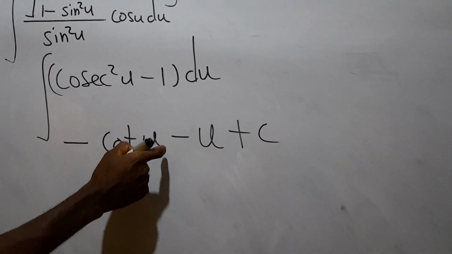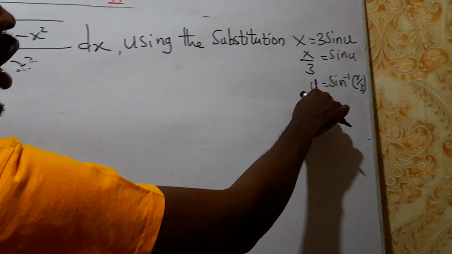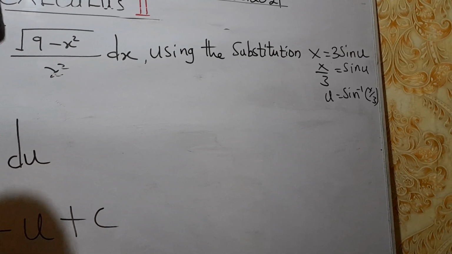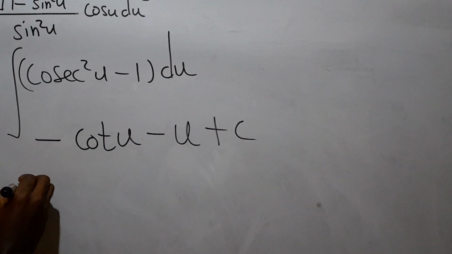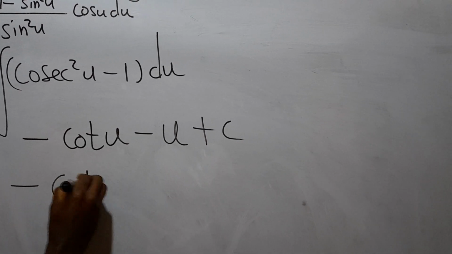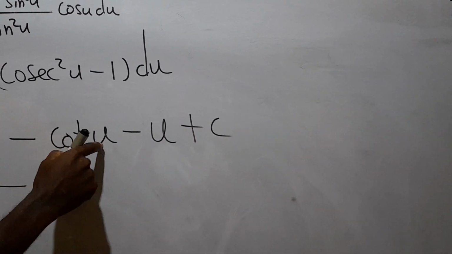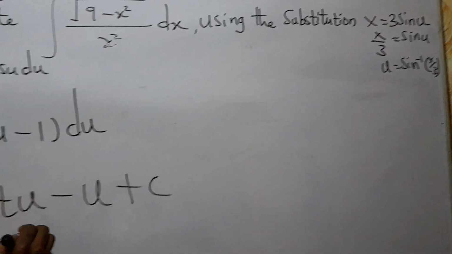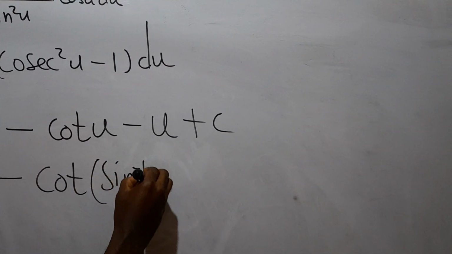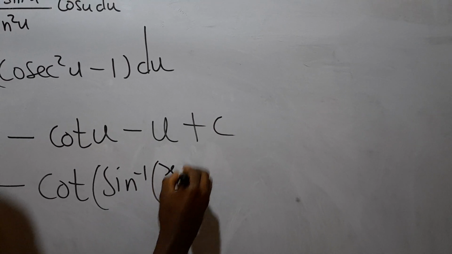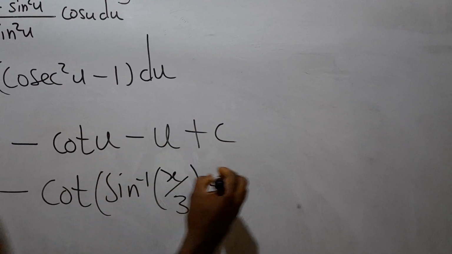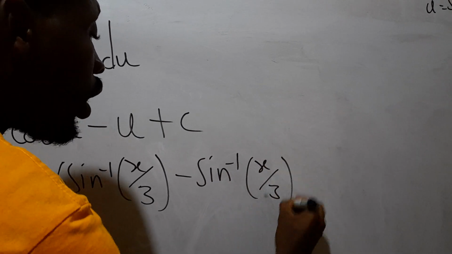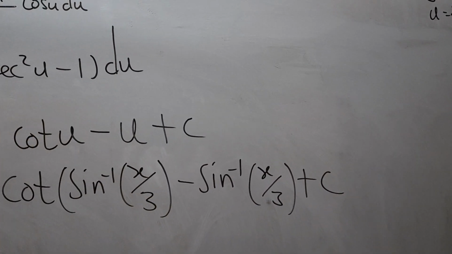Now remember, u is equal to sine inverse of x over 3. So we can substitute back. We get negative cot, in place of u, sine inverse of x over 3, minus sine inverse of x over 3, then plus our constant of integration.